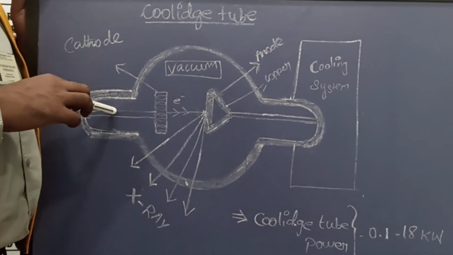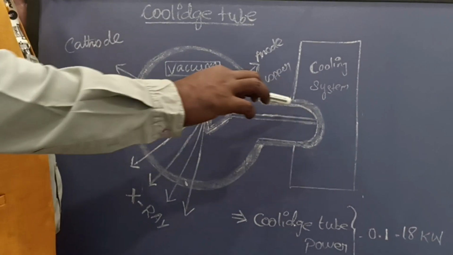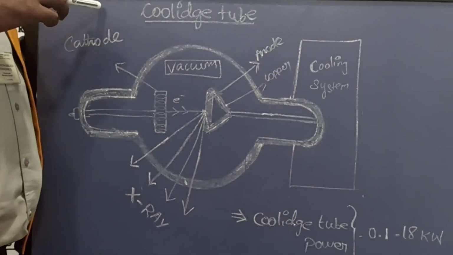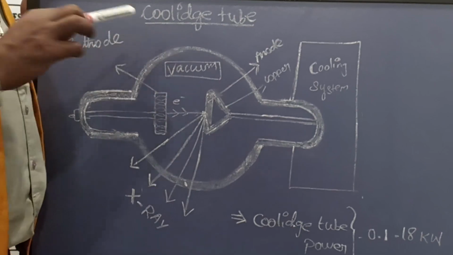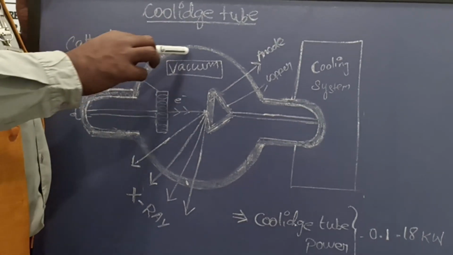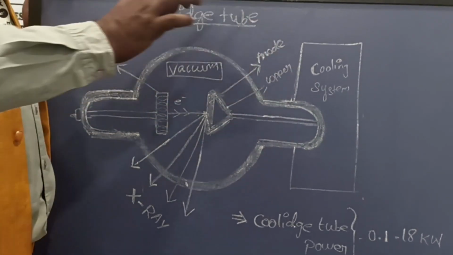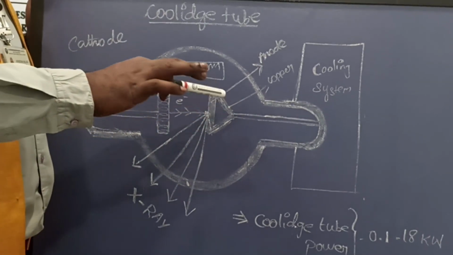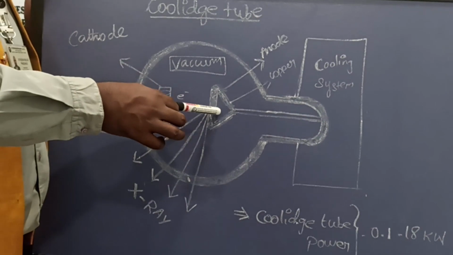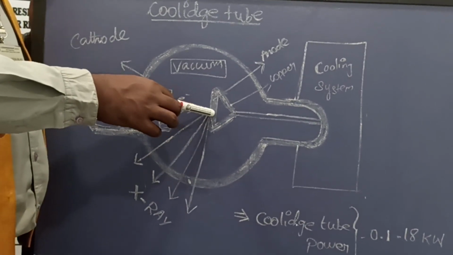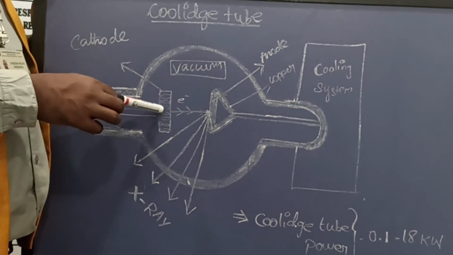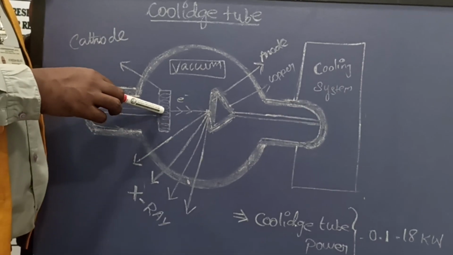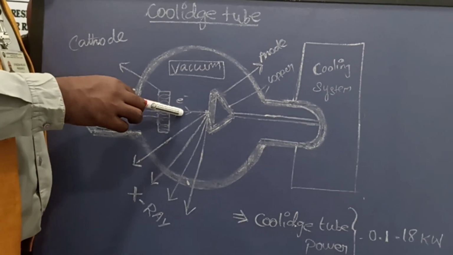Once we connect the potential difference between the anode and the cathode, the electrons start emitting. Because of the high vacuum inside and the high potential difference between anode and cathode, the electron speed increases. So the highly speeded electrons immediately come out from the cathode.